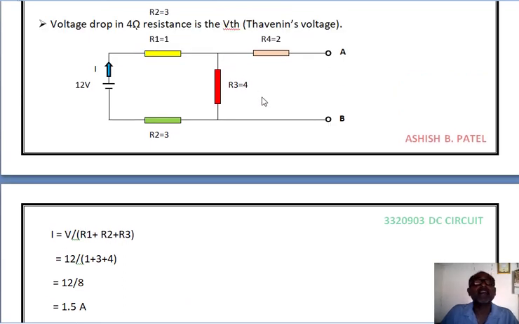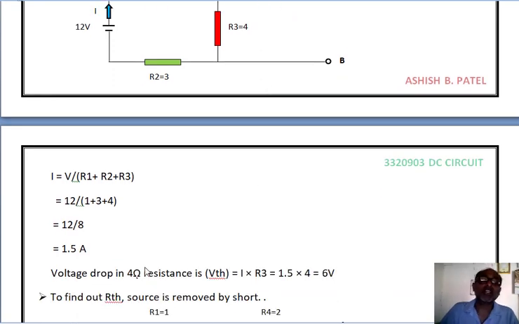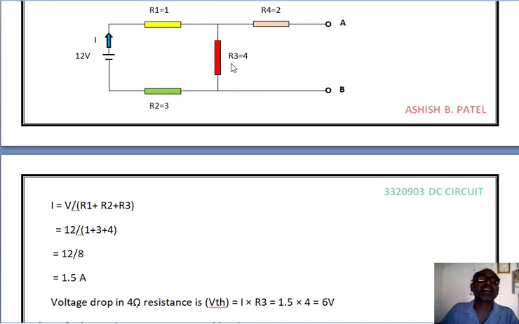Now we are interested in the voltage drop across this resistance. The voltage drop across this 4 ohm resistance is our VTH, Thevenin's voltage, equal to I into R3. So I is equal to 1.5, R3 is equal to 4.